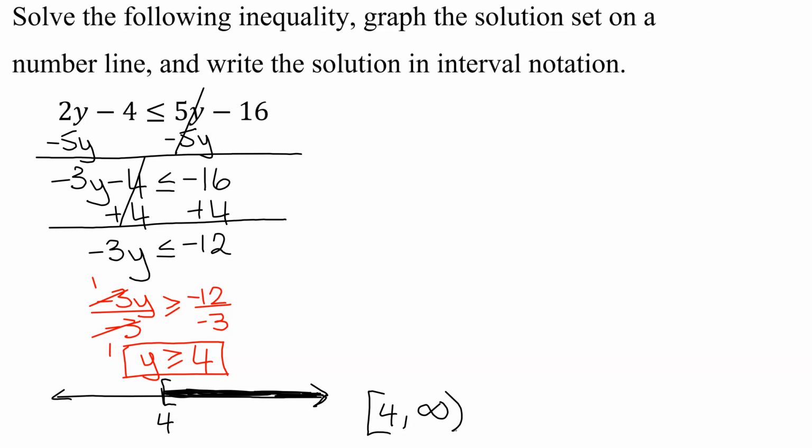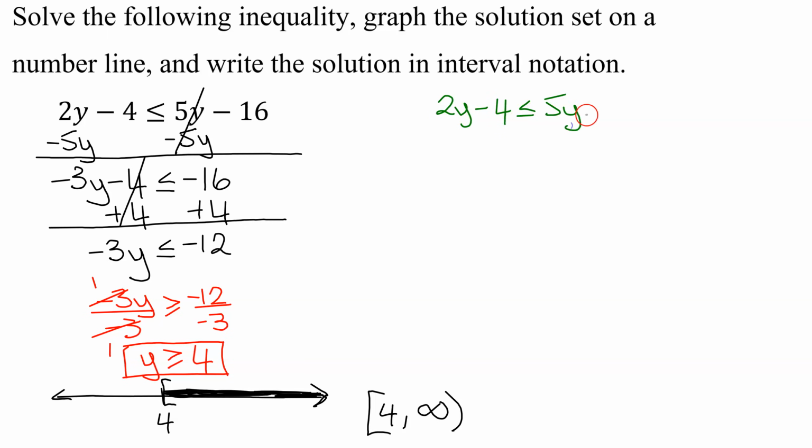But what I want to point out now is some students really don't like dividing both sides of an inequality by a negative number because they have to remember to reverse the inequality symbol. So what they think is, oh, it'd be a lot easier if I collected my y's on the right. So let's just do that very quickly.